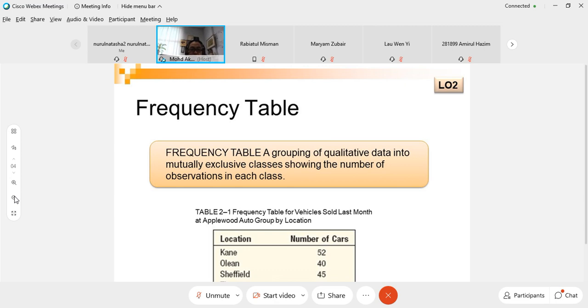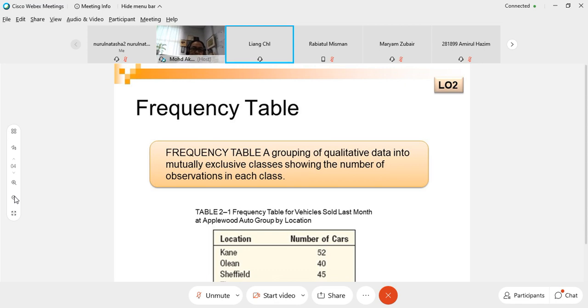Frequency table. A group of qualitative data in mutually exclusive classes showing the number of observations in each class. Table 2.1, frequency table for vehicles sold last month at Applewood Auto Group by location. Location: Kane, Orlean, Sheffield, Tionesta.